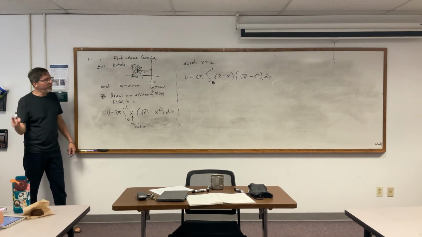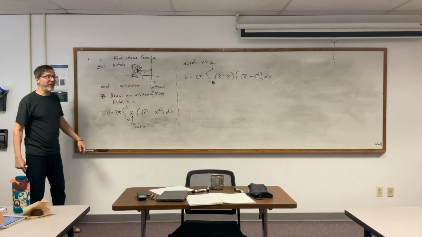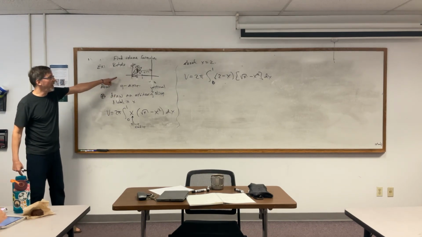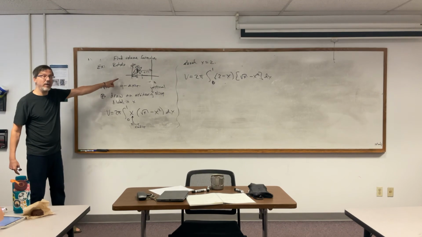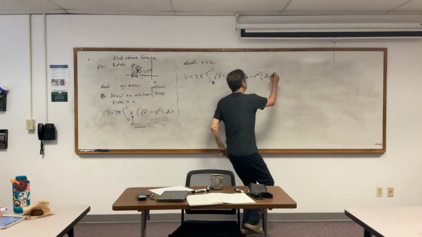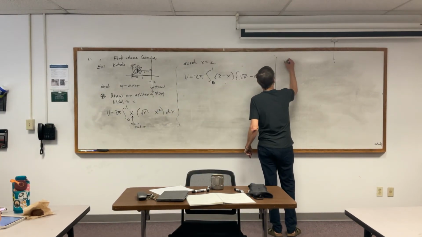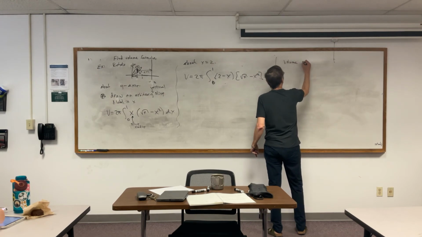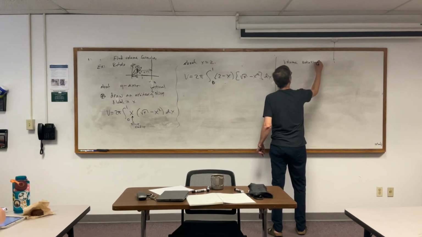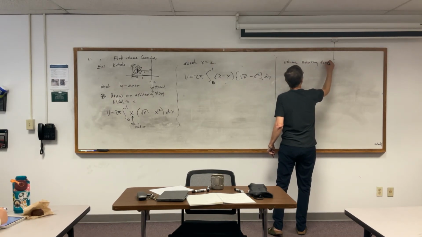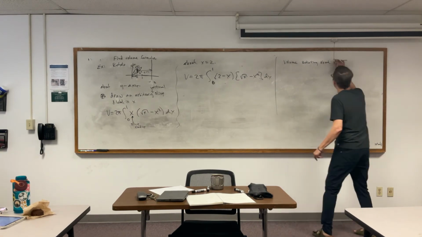We have 2 minutes left. Now I would like you to do the same thing. Take the shape and rotate it around x equals -5. Set up a formula for the volume rotating about x equals -5.